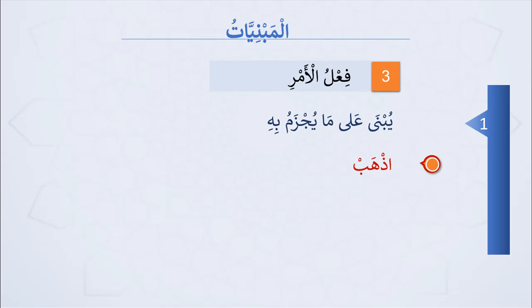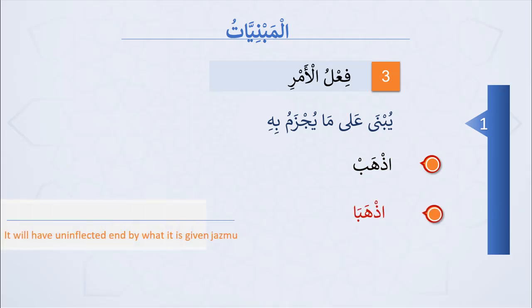So an example is idhab. Idhab means go. Another example is idhaba. Idhaba, we're commanding 2 people to go, either male or female. You say 2 of you go. So what is the permanent haraka we give here?